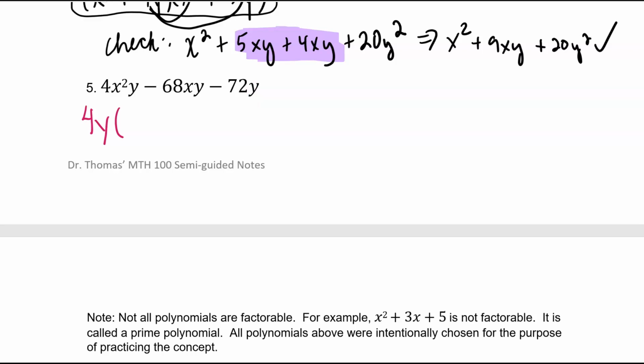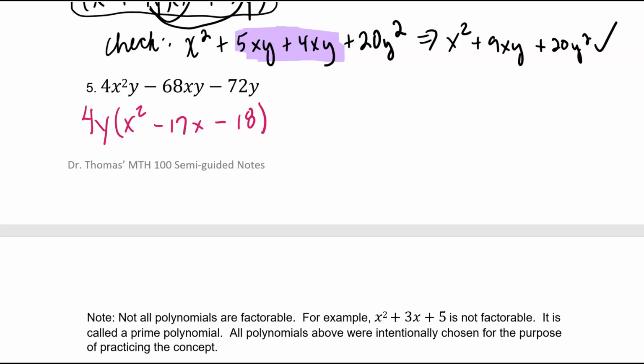But x is not in every term, because notice we don't have an x in this term here, so we can't pull out an x. 4y times what is 4x squared y. Alright, so we got x squared minus 17x minus 18.